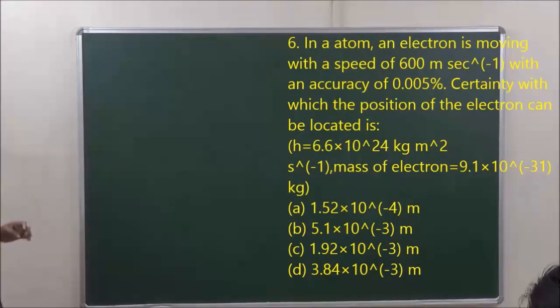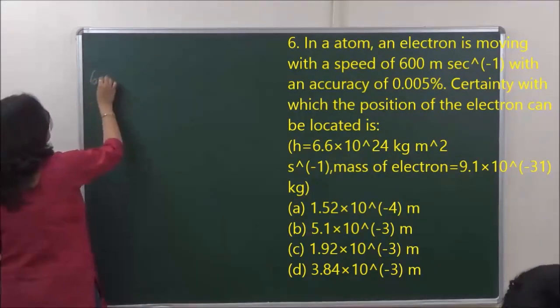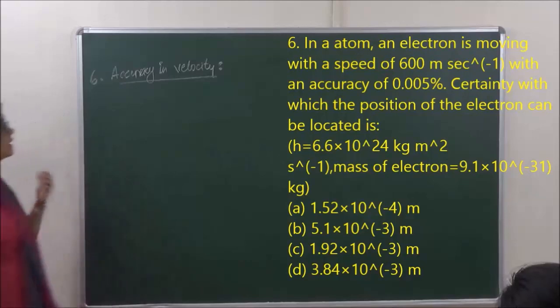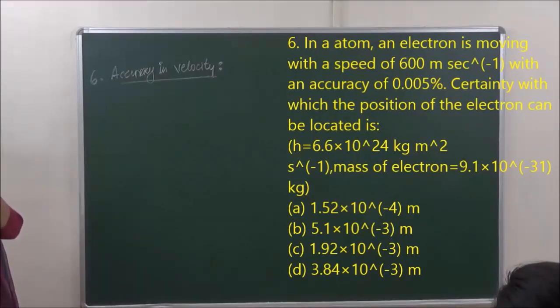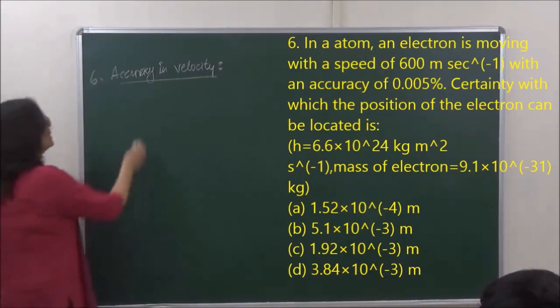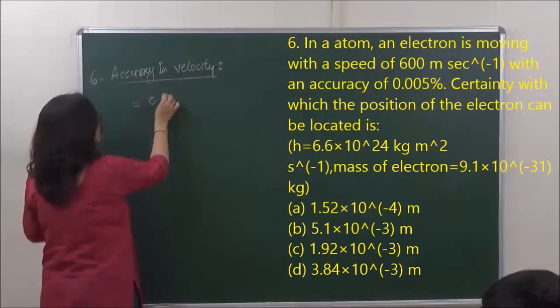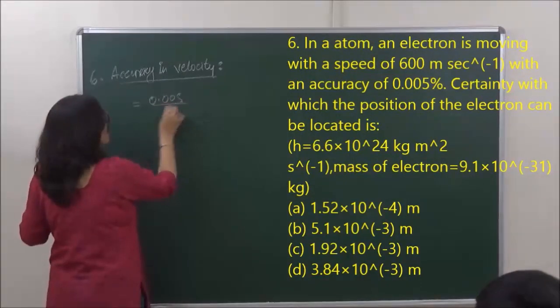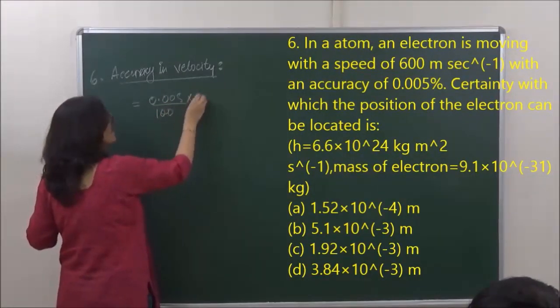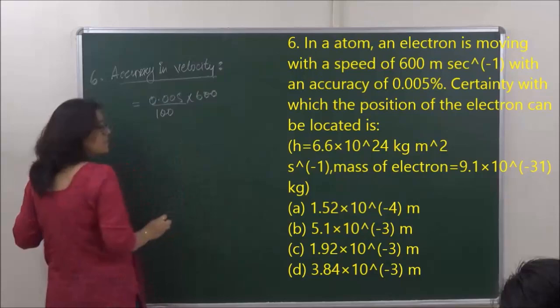Now first of all, over here in this question, we have to calculate accuracy in velocity. The accuracy in velocity is given as 0.005%. So 0.005% of 600 will be equal to 0.005 upon 100 into 600.